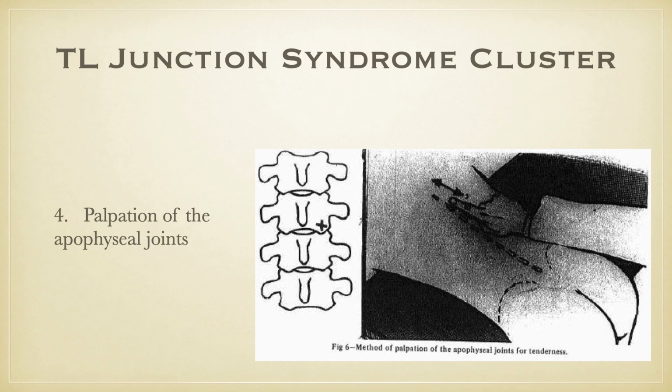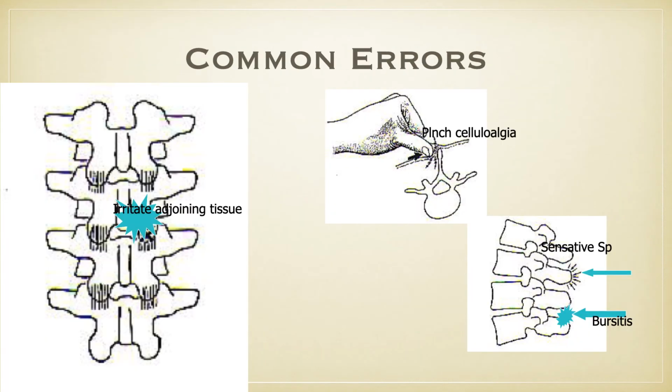Does that A, reproduce their symptoms, or B, become more sensitive on the symptomatic side versus the non-symptomatic side? As we said before, you want to make sure that you're not creating a false positive. You can see in these different pictures whether you're pinching skin against bone or you're irritating a joining structure or a different structure than the one you're actually trying to palpate.